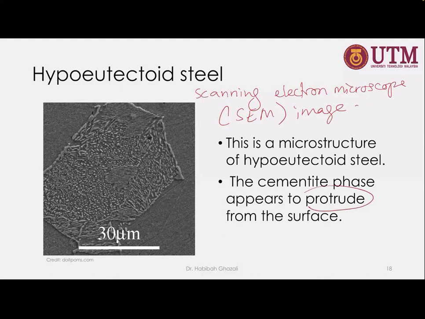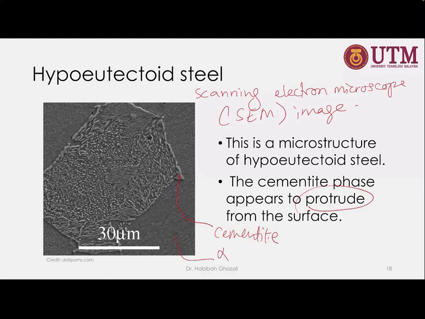That's the reason you see structures protruding from the surface. This structure that appears to protrude from the surface is cementite. The remaining embossed structure is alpha.